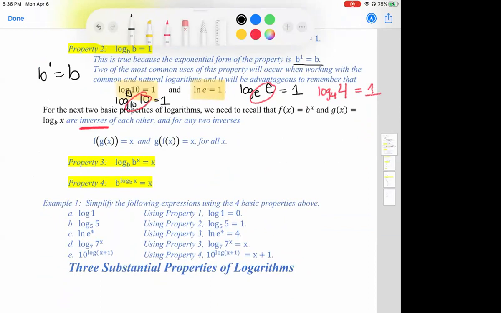This was the haunting part of the exam that you last took, right? We showed that a function composed with its inverse should give us x, right? So if f is an exponential and g is your log, when we do composition of them, our answer should be x.